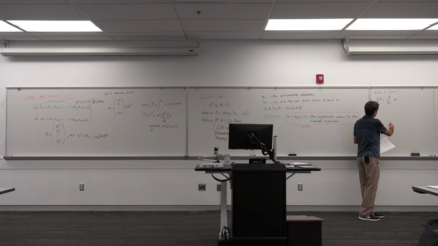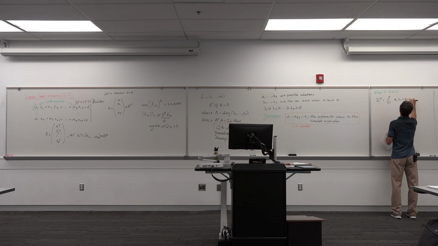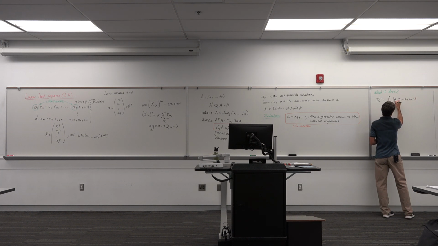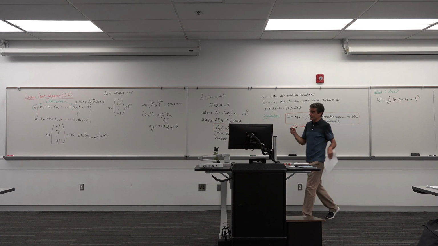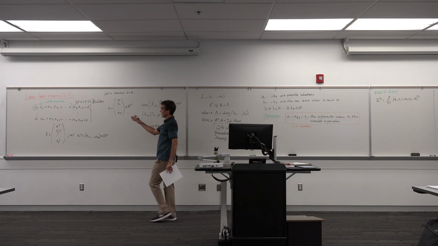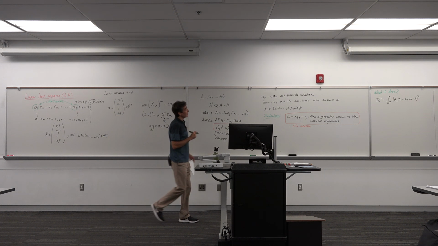But it's just easier to draw the equations on the board. So I'm going to have A1 xi1 plus A2 xi2 minus d, squared. That's exactly the same as this system of equations right here, where I've moved d to the other side. That's negative d. Make sense?